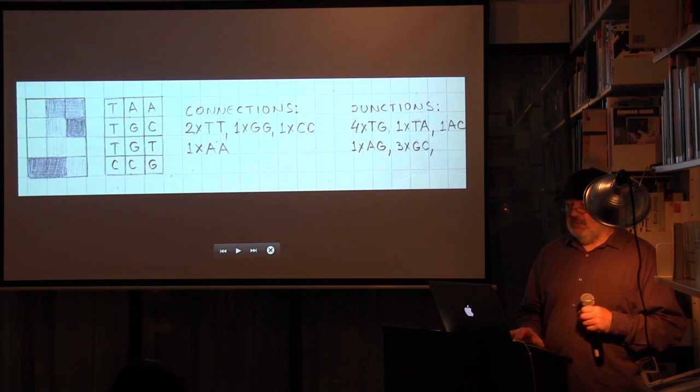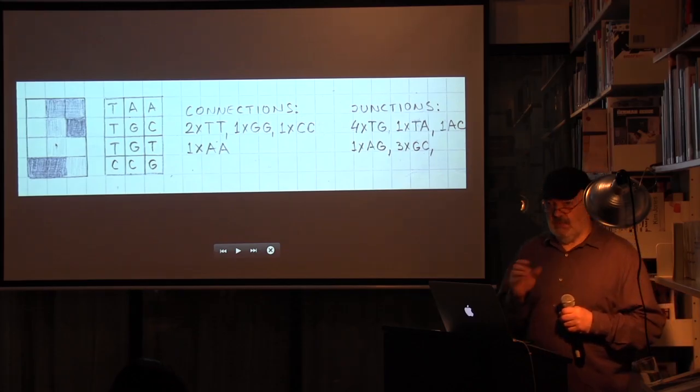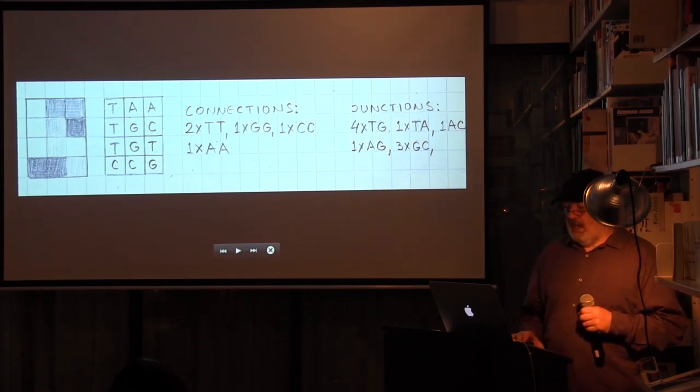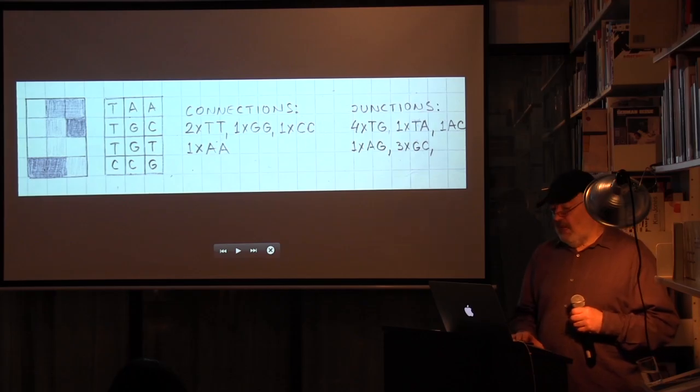So we have 2 TT connections. Or we have GG here. It is connected once. We have 1 GG connection. And here we have, I think, CC as 1, and here is AA.